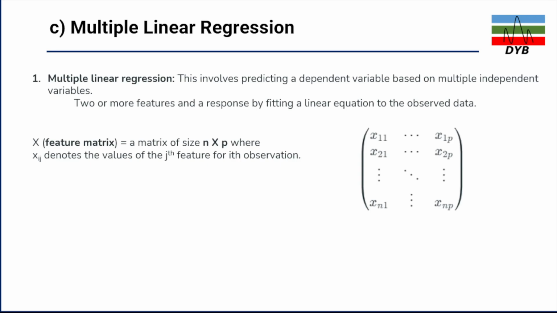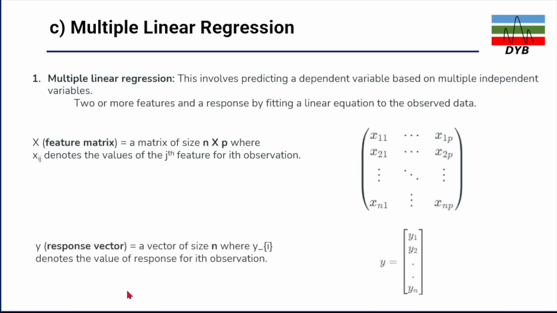In this case, we represent our data in the form of a feature matrix like this. In this, you have x11 up to xn1, which represents n by p, the number of rows and number of columns here. And there is also a response vector.